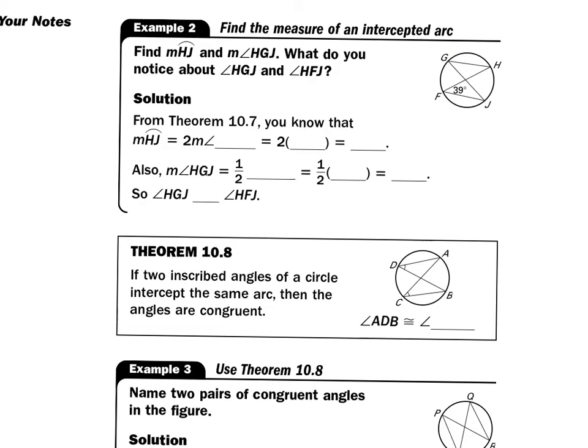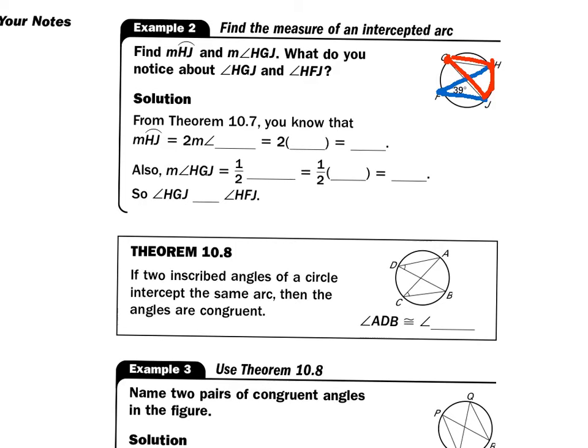Okay, example 2. These are common problems. I'll describe them as the hourglass shape. So on the hourglass, you'll notice that angle F intercepts the arc HJ, but if you keep noticing, G intercepts the same arc, HJ. So what does that mean?